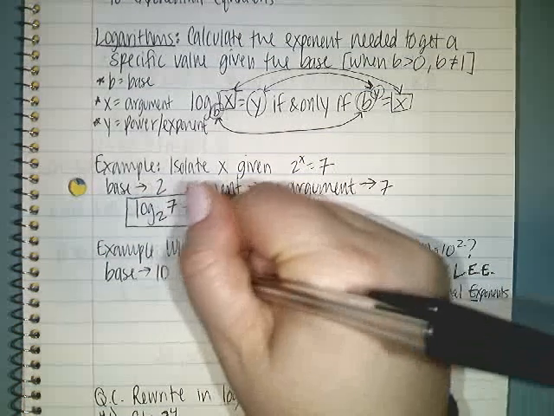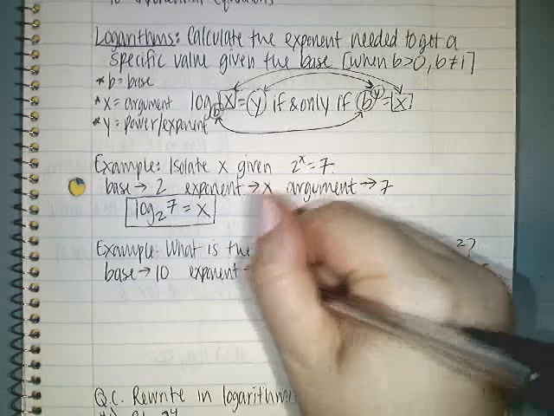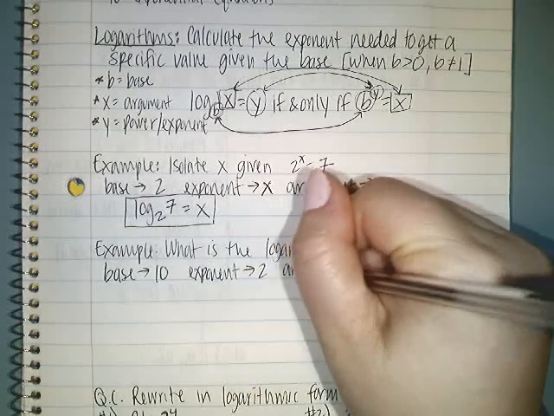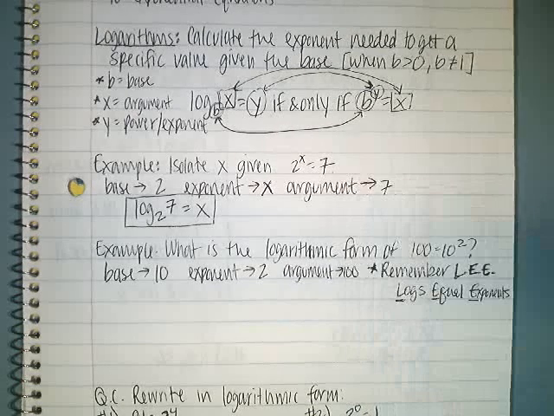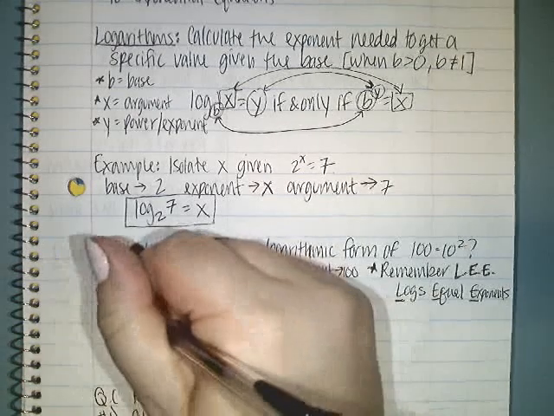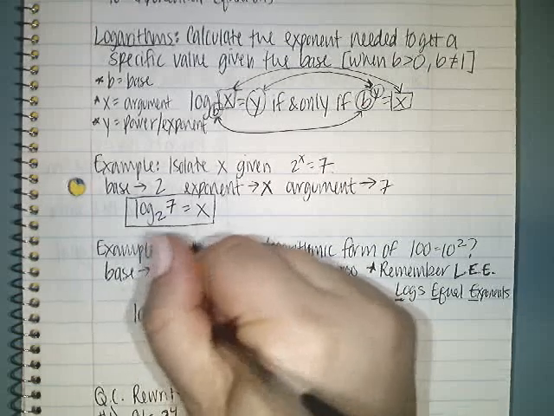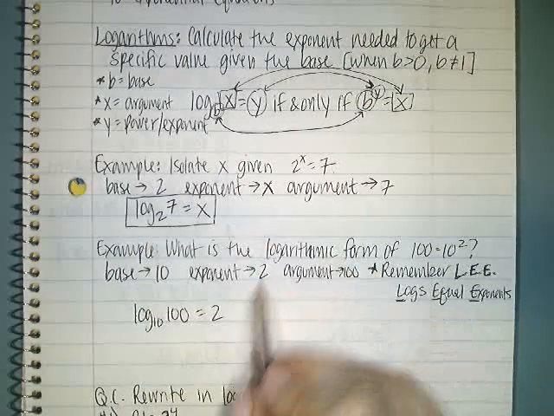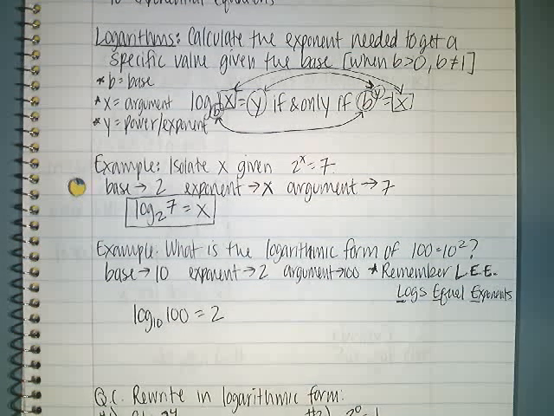My exponent here is 2, which leaves the argument to be 100. So when I plug that into logarithmic form, I have log base 10 of 100 equals 2, because it has to equal the exponent, base is the base, and the argument goes inside the log.